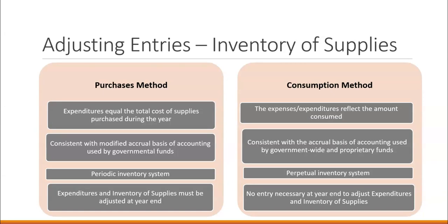Okay. Then adjusting entries. For our supplies at the end of the year, and this is true with business accounts, we do an inventory of supplies, and then we do an adjusting entry to account for what supplies we say we have in the accounting records and what supplies we actually have on hand.